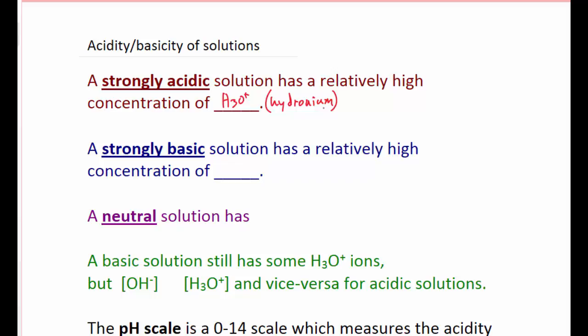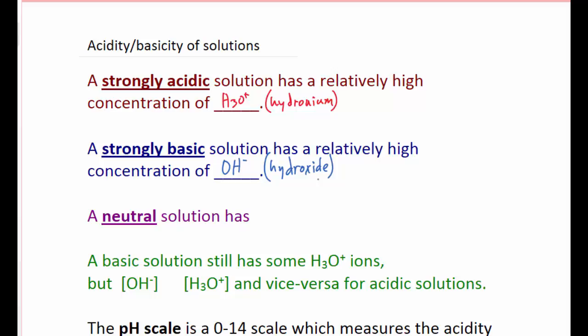Okay. A strongly basic solution has a relatively high concentration of what? Hydroxide, OH minus. So what do you suppose that would mean about a neutral solution?